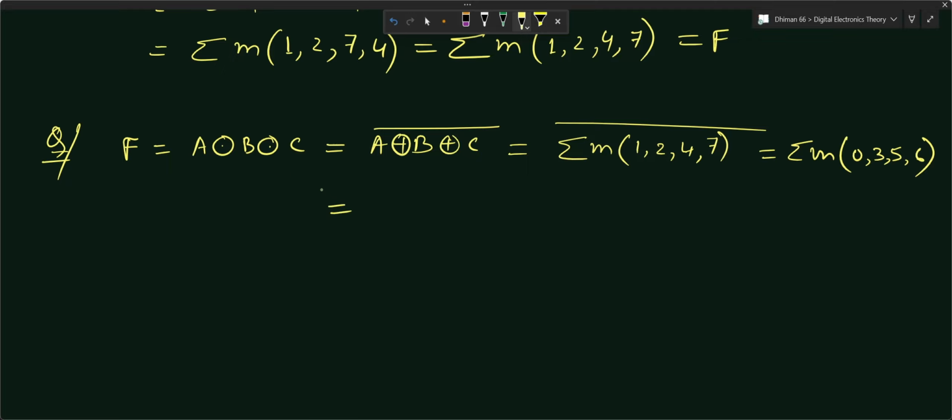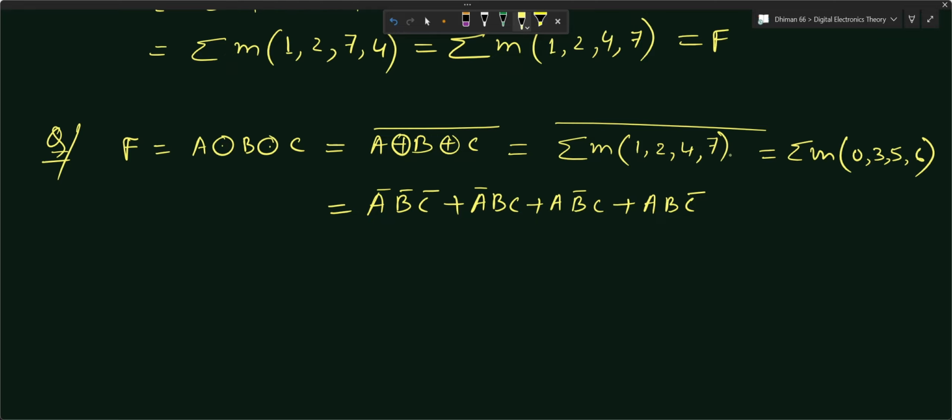Expanding it in sum of product form: 0 means A bar B bar C bar, plus 3 means 0 1 1, so A bar B C, plus 5 means 1 0 1 in binary, so A B bar C, plus 6 means 1 1 0 in binary, so A B C bar. This is the sum of minterm expression for A XNOR B XNOR C.